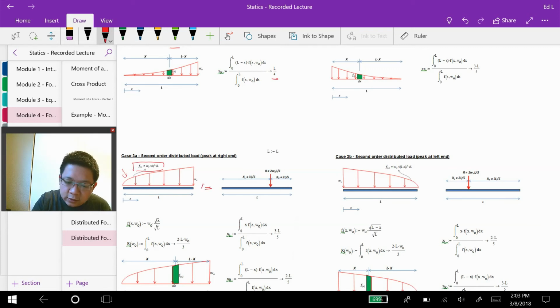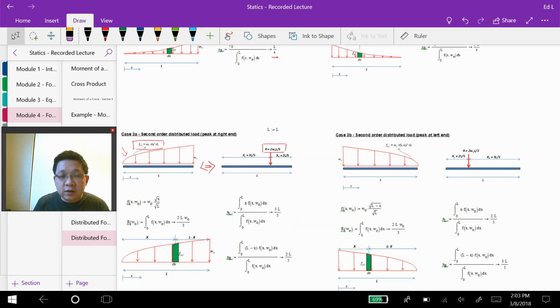Then we can calculate the R. Okay, following the same process as before, we obtain 2 over 3 W naught times L. Okay, then we obtain X bar from the left hand side and X bar from the right hand side.